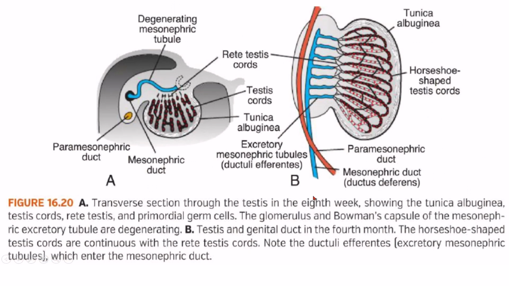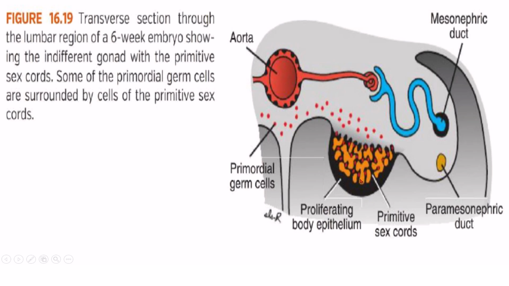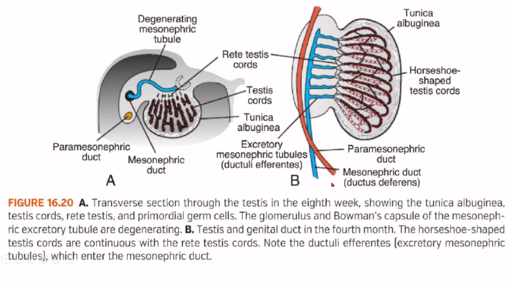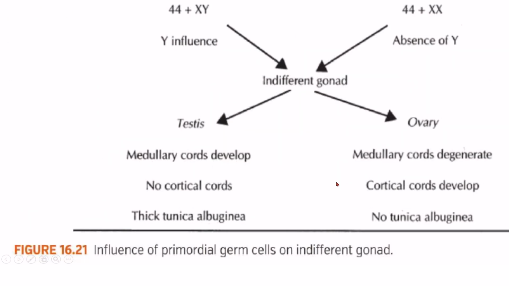If you observe, these are the primitive sex cords, this will be the cortical cords, this will be the medullary cords. The medullary cords will develop to form the testis, whereas cortical cords will develop to form the ovary. It is the testis determining factor and the sex determining region on the Y chromosome which determines formation of testis, and its absence will determine the formation of the ovary.